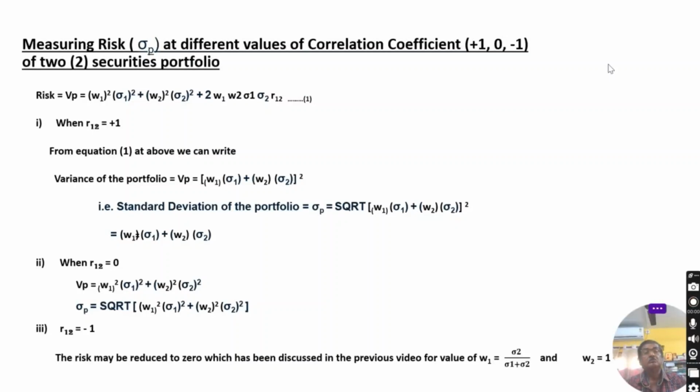In my previous video, I had discussed the computation of risk and return for two securities portfolio. Today I am going to discuss the special cases, basically for correlation coefficient value +1, 0 and -1.